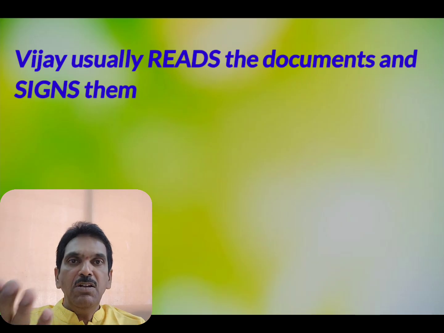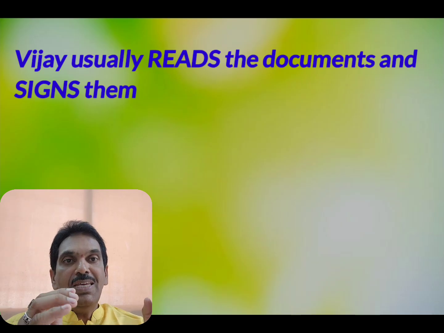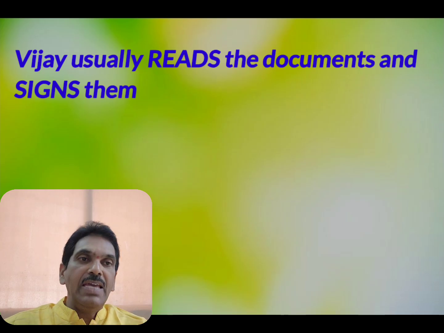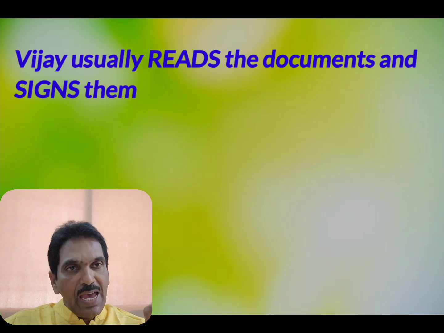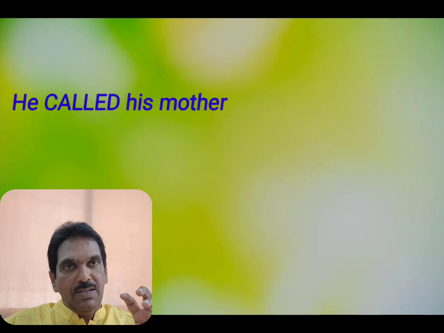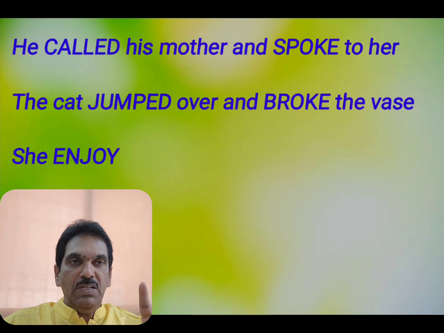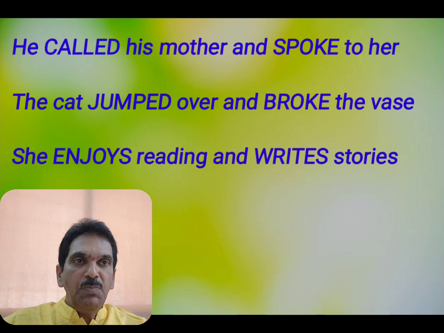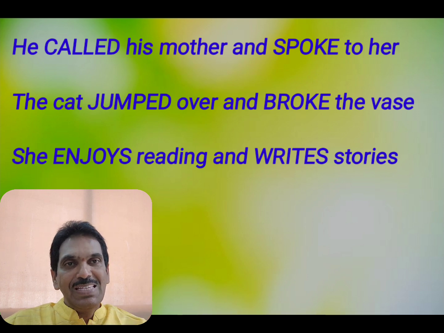S should be added. So Vijay usually reads the document and signs. Signs, again S should be there because it should be in agreement with Vijay, which is singular. So do observe such sentences where one subject is there and more verbs are there. All the verbs should be in agreement with the subject.